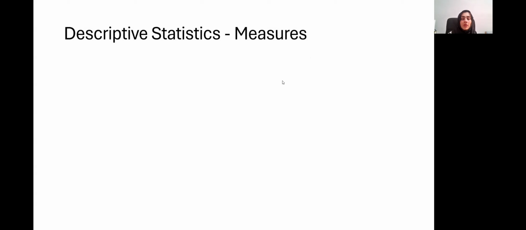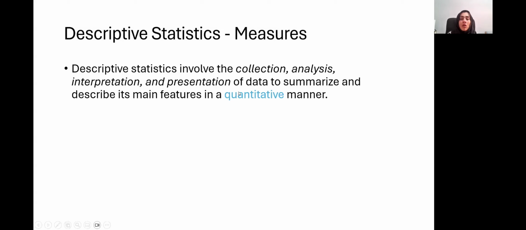So, a quick recap of descriptive statistics. It involves the collection, analysis, interpretation, and presentation of data to summarize and describe its main features in a quantitative manner. Here we need to focus on two main ideas: quantitative, and collection, analysis, interpretation, and presentation. And all of this is intended to basically summarize the data.